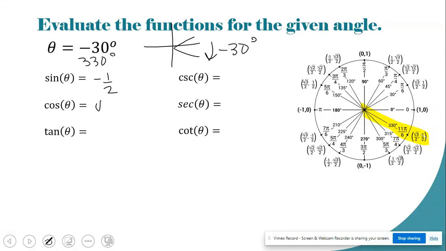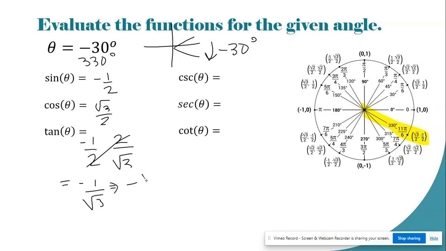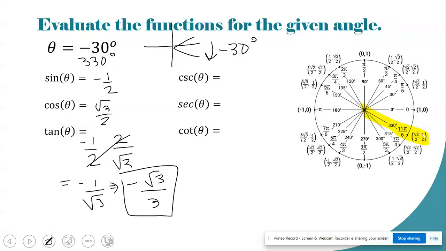Cosine, positive root 3 over 2. Tangent is sine divided by cosine, or multiplied by cosine's reciprocal. Keep, change, flip, so we don't have those double-decker fractions. You have negative 1 over the square root of 3, or negative square root of 3 over 3 for tangent.